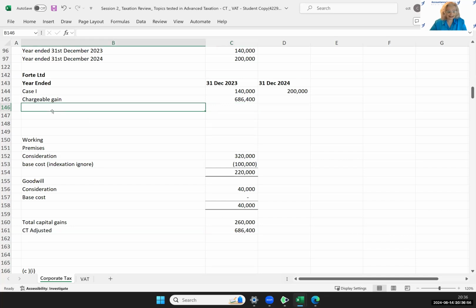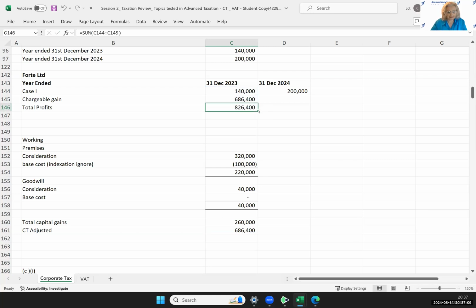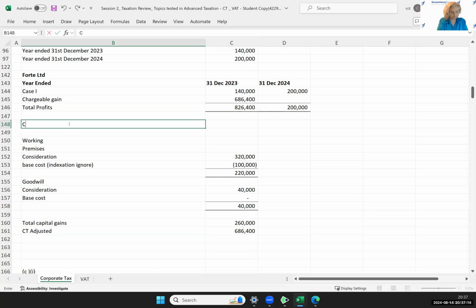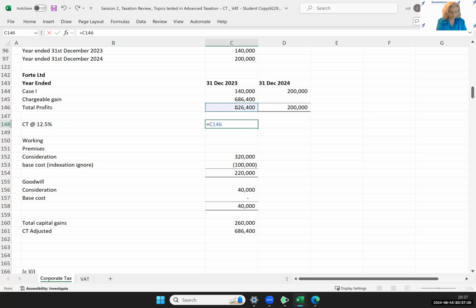And then we're going to tax that gain at 12.5%. Okay, so anybody, any questions on that bit?